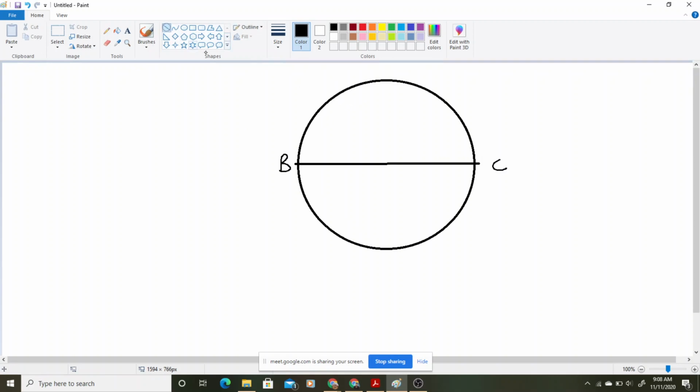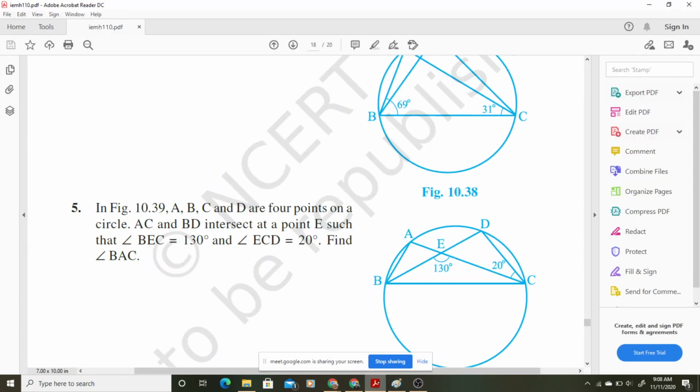Then we are given two points. This point is given as A and one more point is given D. Then A and D are also intersecting like this at point E. Yes, this is point E. We are given 130 and 20 there.